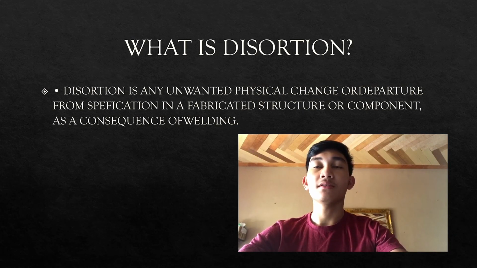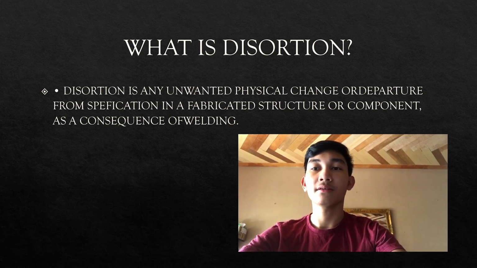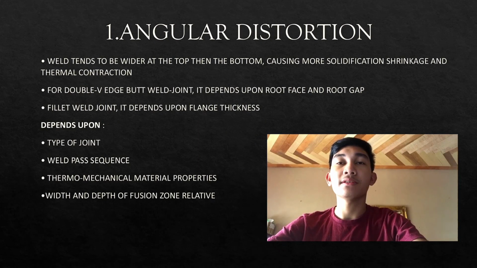What is distortion? Distortion is any unwanted physical change or departure from specification in a fabricated structure or component as a consequence of welding. First is angular distortion. The weld tends to be wider at the top than the bottom, causing more solidification shrinkage and thermal contraction.